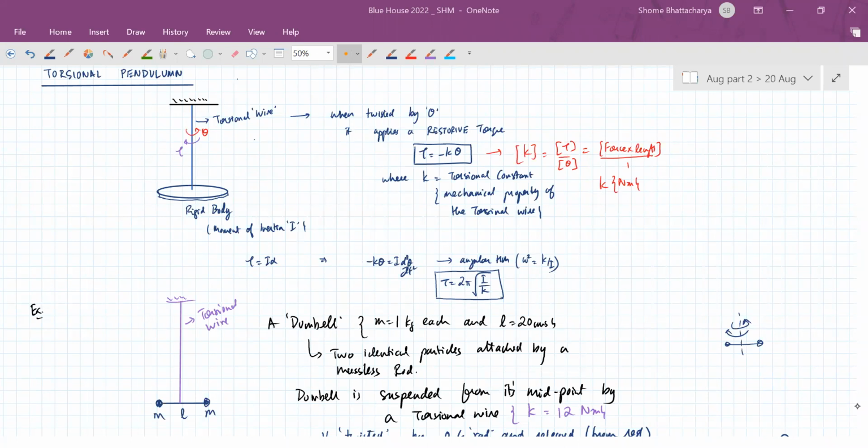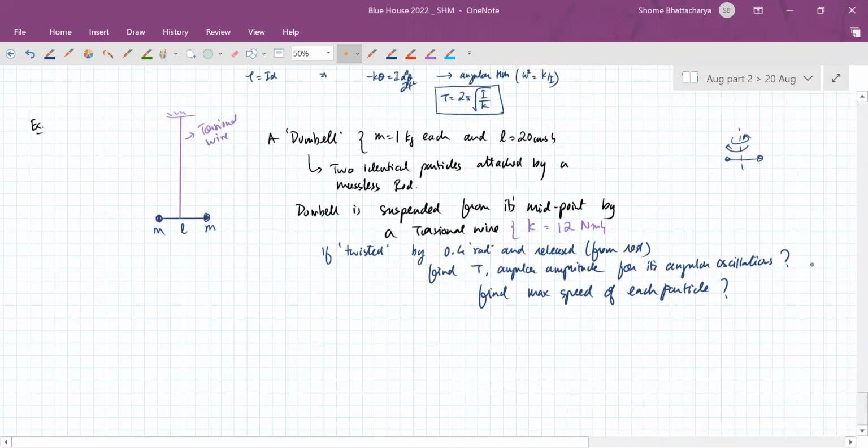Oh, sorry. I'll scroll down to the question. Okay. So now you can see that when you twist this through an angle theta, this applies a restorative torque like this. So torque is equal to minus k theta, and that should be equal to moment of inertia into alpha.